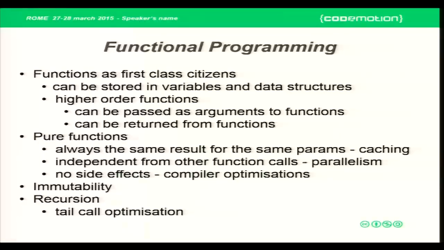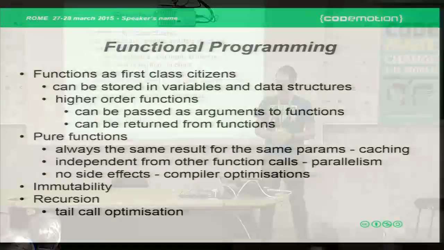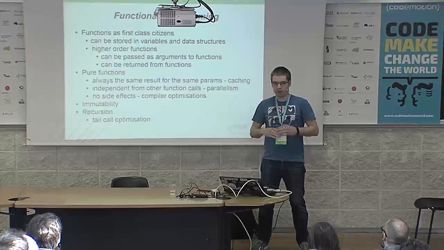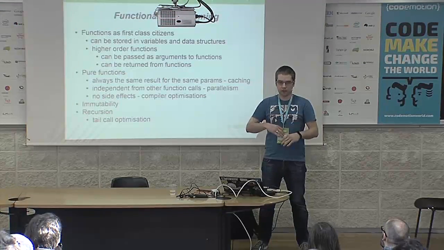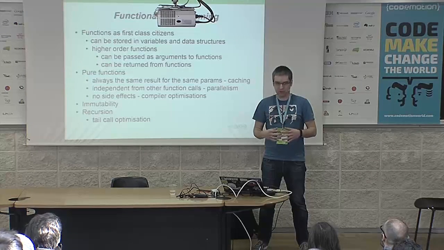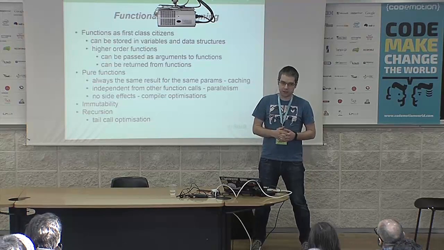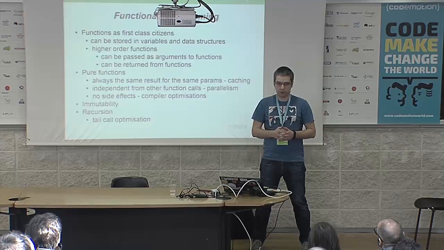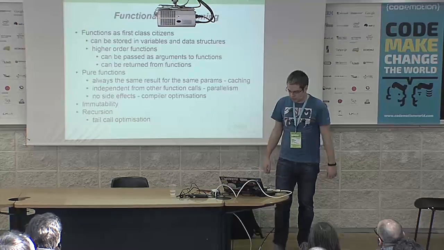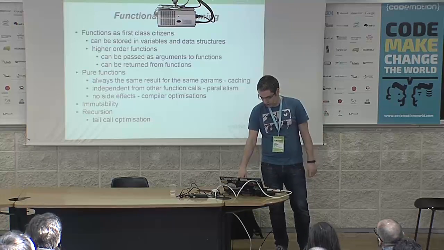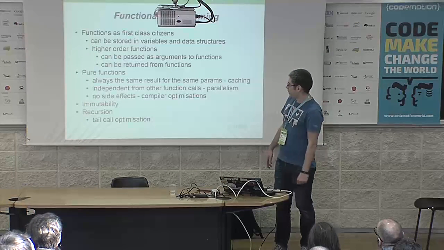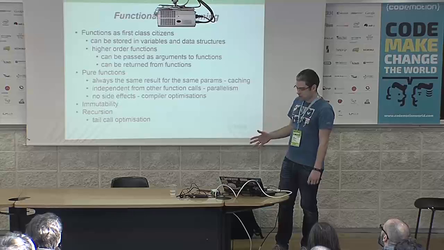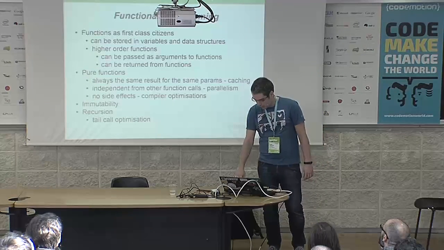That's why it's important to have tail call optimization, which is a technique where instead of putting new calls on the stack, the compiler knows that it's a recursive call, and if it's composed correctly, it can optimize it to a loop, basically. Then you will never get the Stack Overflow exception in that case. So that's the very brief introduction.